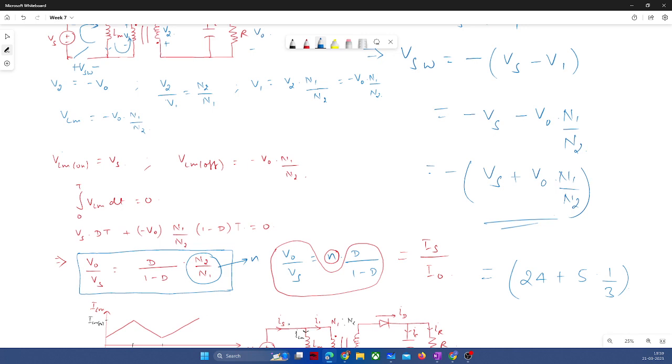N1 by N2 is 1 by 3 as given in the problem, so the turns ratio is 1 by 3. You computed it with 3, that is also fine. You might have got confused, but in the given data it was 1 by 3. So you get 24 plus 5 by 3.